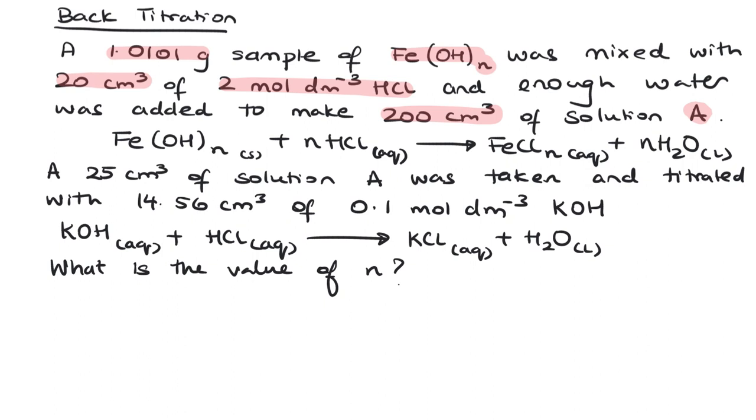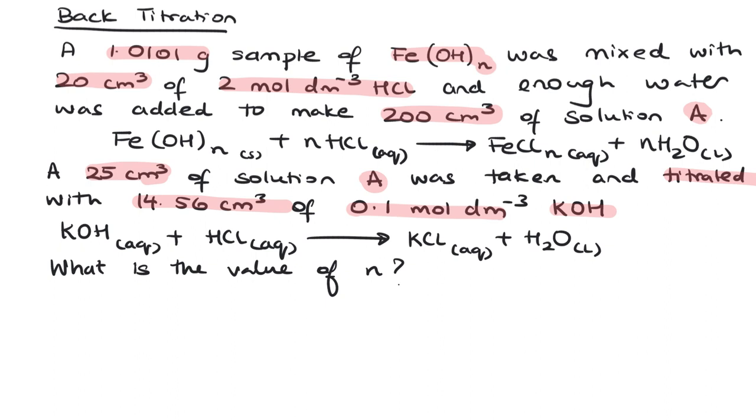Then we're taking 25 cm³ of this solution A and titrating it against this much amount of KOH as per this next equation, and we need to figure out the value of n. Let's first understand how we're going to go about this question.